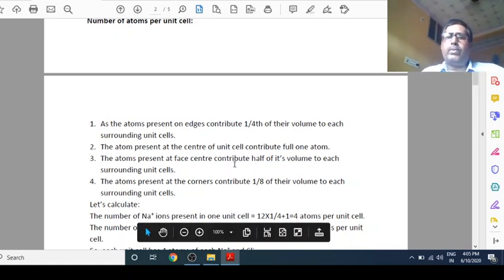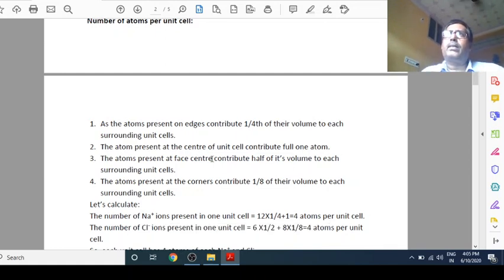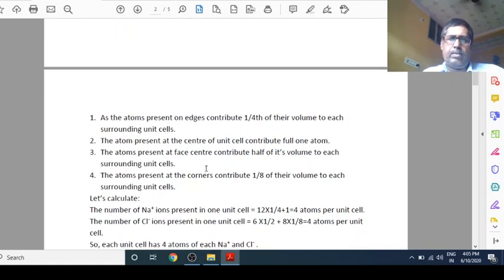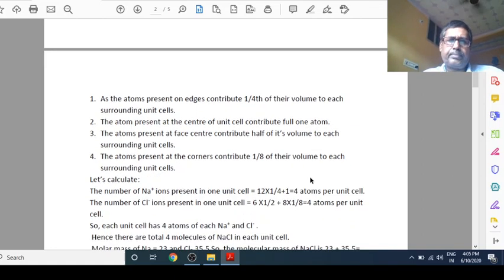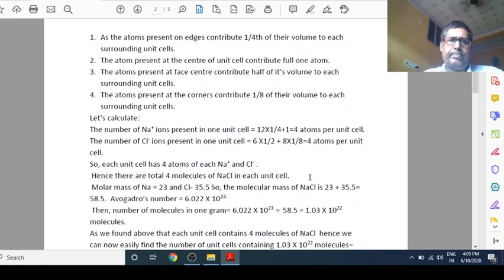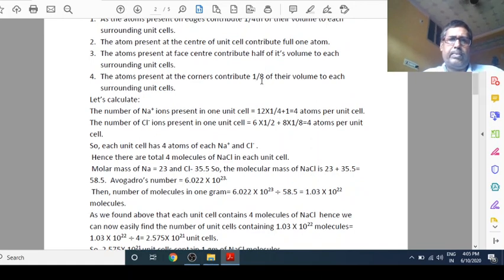Because when atom is present on any face center, it will be shared by another adjacent cube. That is a half of portion on both the cubes. The atoms present at the corners contribute 1/8 of their volume because there are 7 other cubes at the corner from all sides. So total 8. That is why we take here 1 by 8.